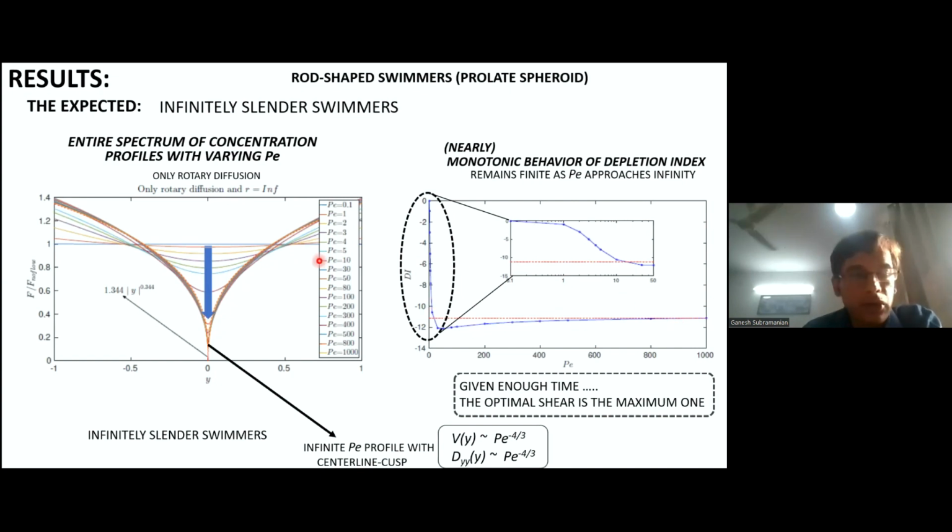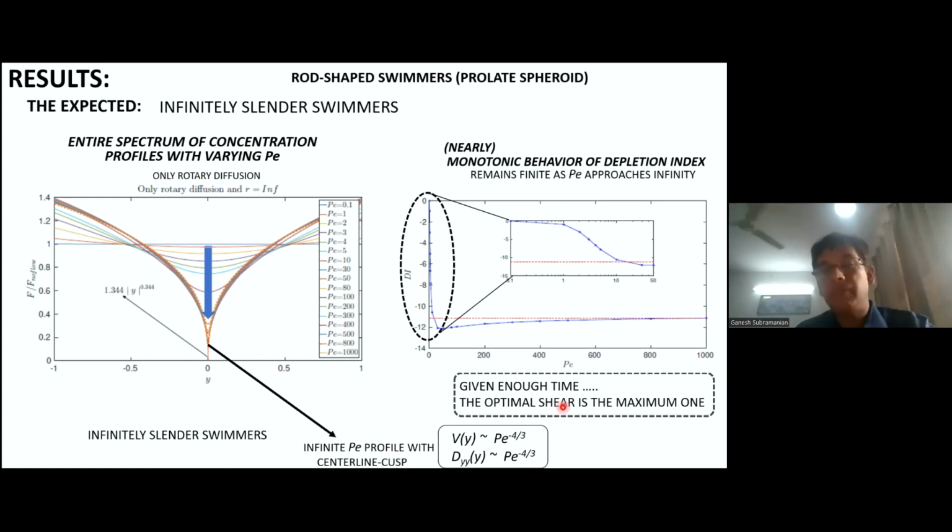That has to do with this orange dashed line, which is the infinite Peclet profile, being independent. And that in turn has to do with the fact that both the drift and the diffusivities, as I show at the bottom, scale with Peclet in the same manner.